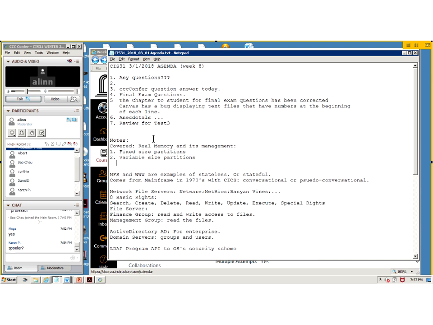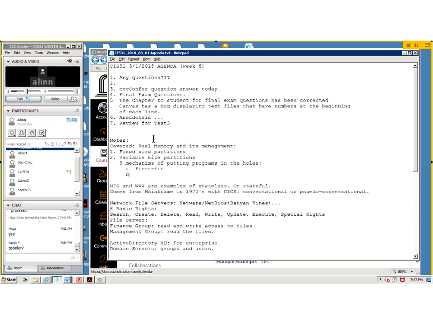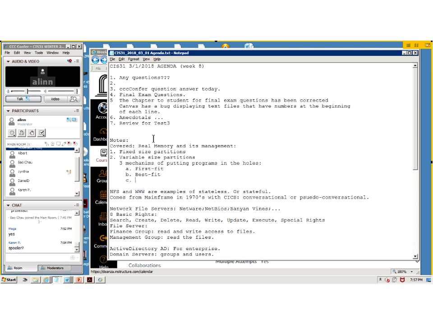Okay, in the variable size partition concept, we had three mechanisms of putting programs in the holes. Remember, they created holes. They were first fit, best fit, and worst fit.